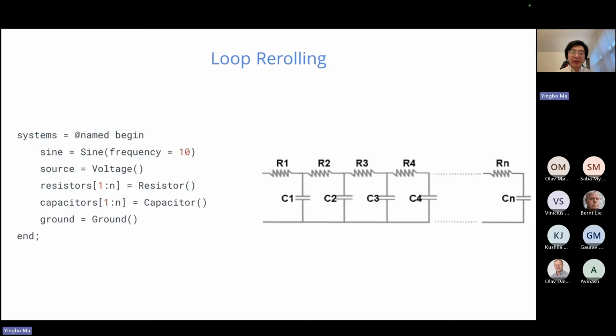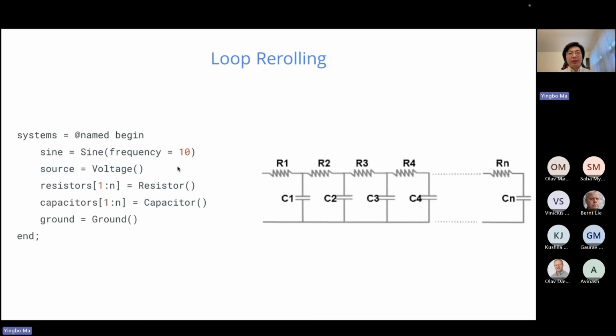I'll talk about the loop rerolling technique here in more detail with the model example of an RC ladder. So here, imagine we are connecting RC elements in this repeated way, repeating n times.